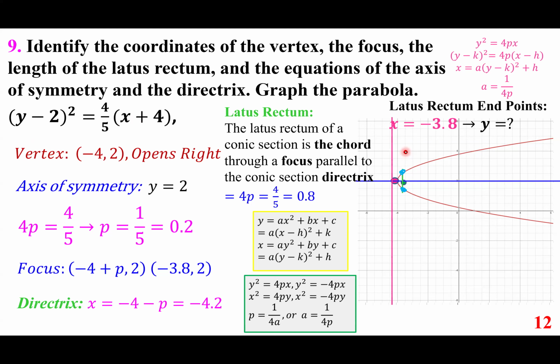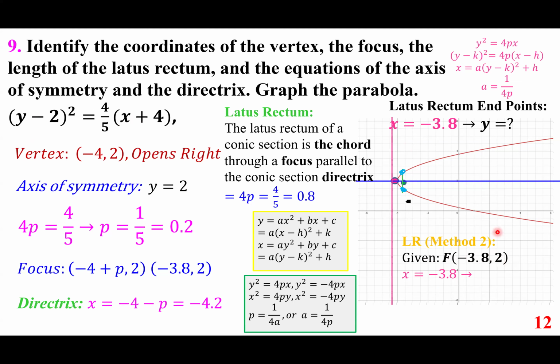But is there an easier way? Yes. Here's the second method. Go back to the focus. The x coordinate is negative 3.8, so the x coordinate for the endpoints is the same. What about the y coordinates? Add and subtract 2p.